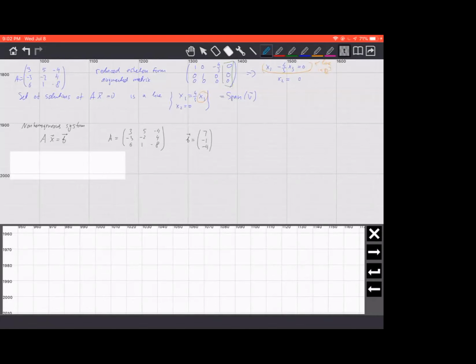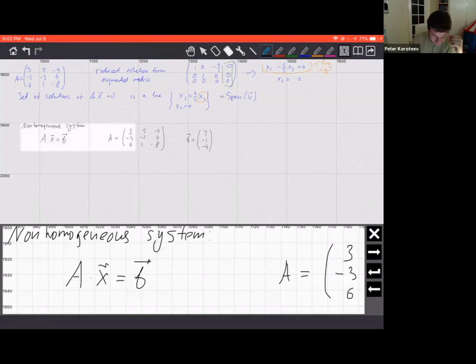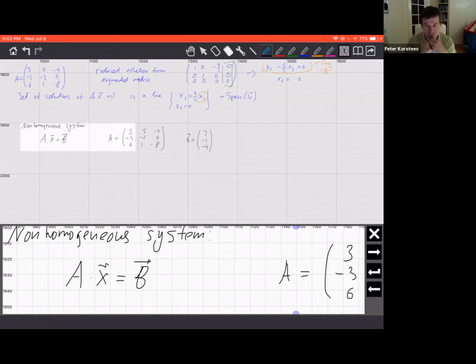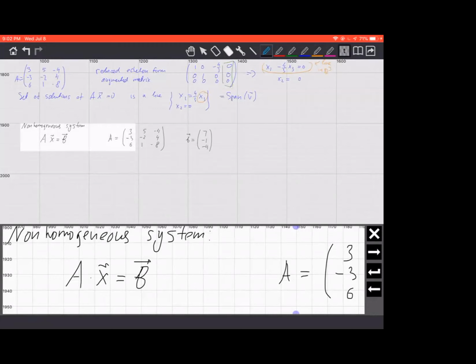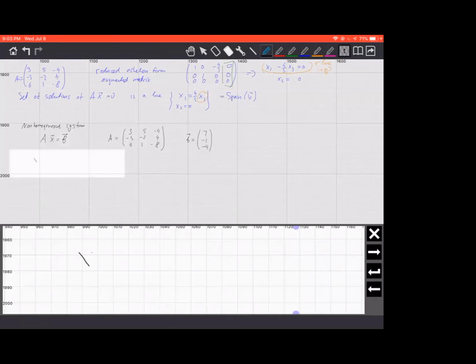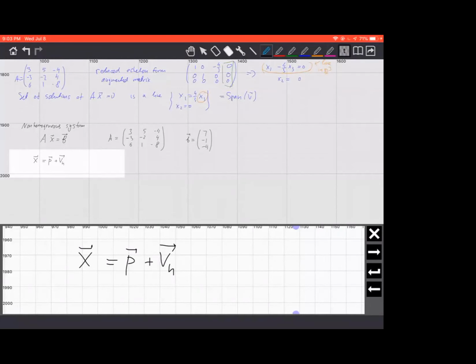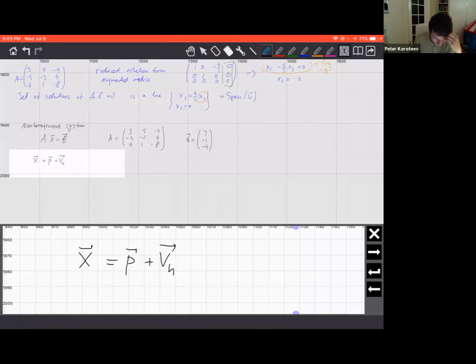Yeah, I mean the last page you showed on the Wolfram Mathematica, you write x equals p plus vh. Yeah, right, that one. So it's the p.